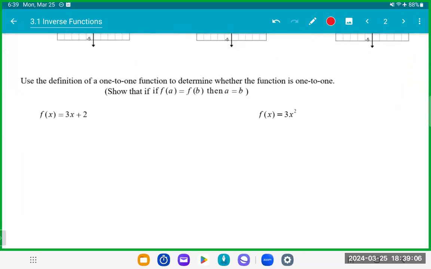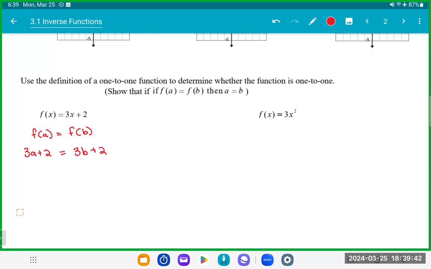Okay. So if we use the definition of one-to-one to help us determine this algebraically, we want to show that if we evaluate our function at A and it equals our function at B, then A has to equal B. So we're going to say f of A, set that equal to f of B. Evaluating our function, that's 3A plus 2 is equal to 3B plus 2.